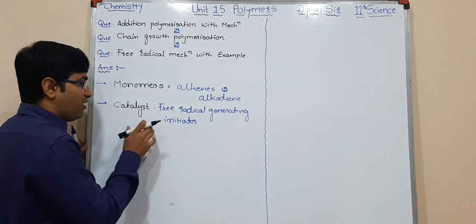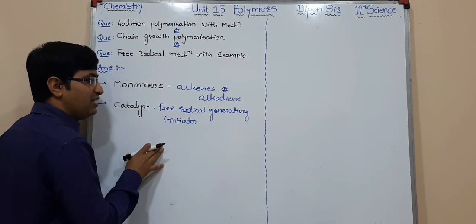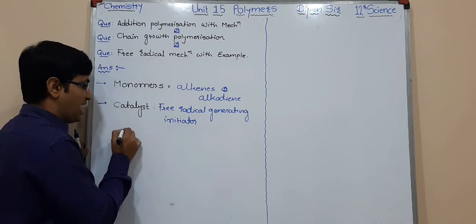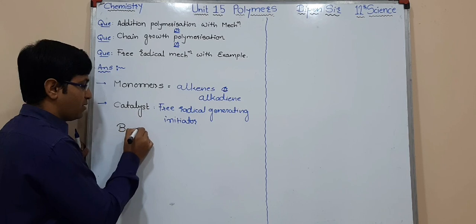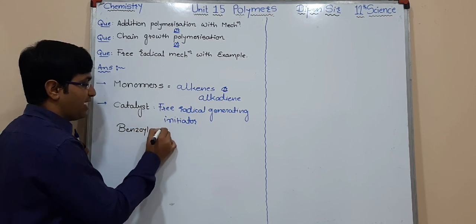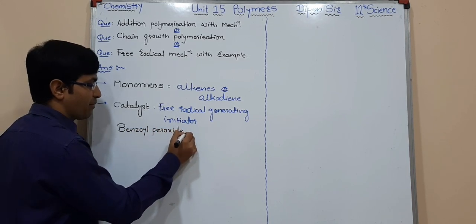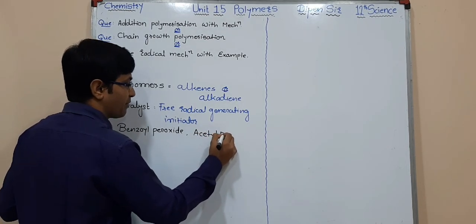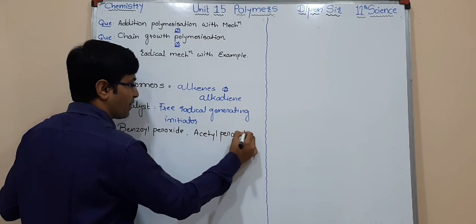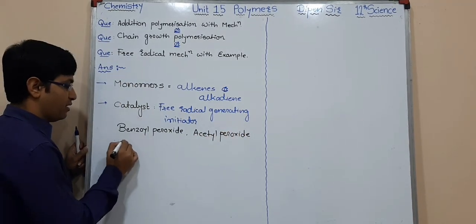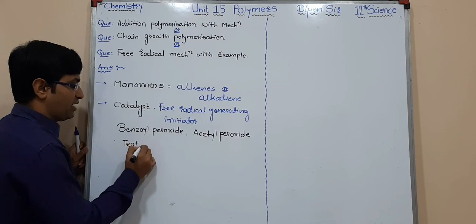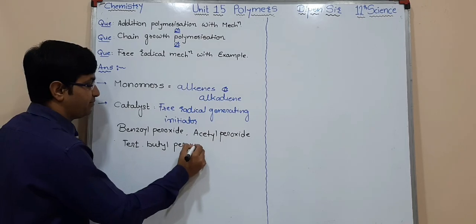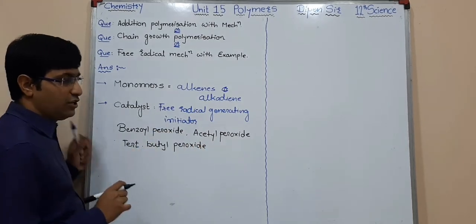Catalysts like benzoyl peroxide, acetyl peroxide, or tertiary butyl peroxide are generally used.